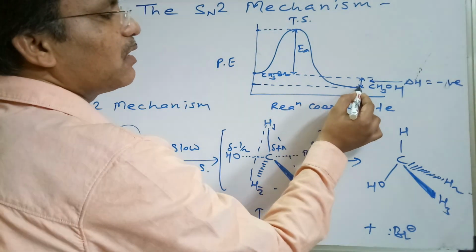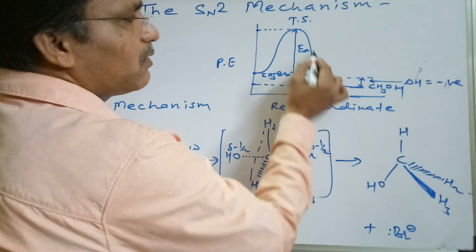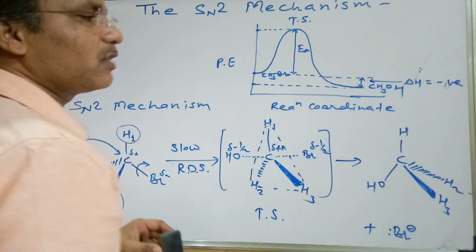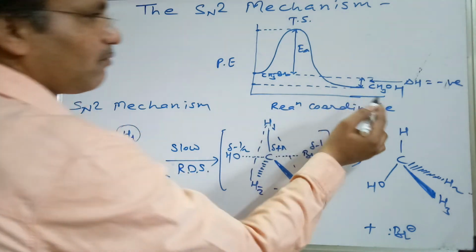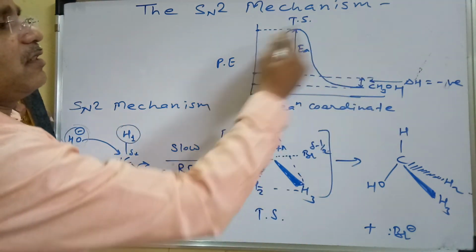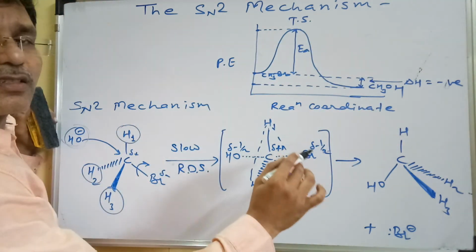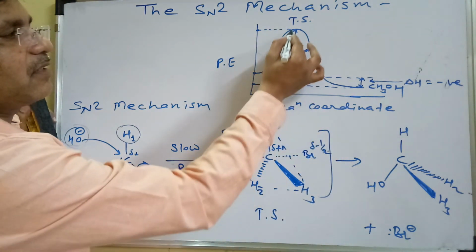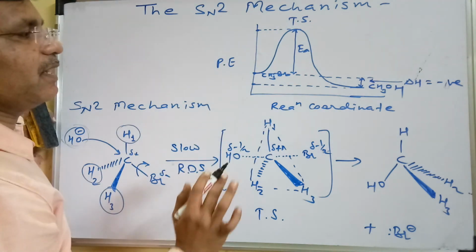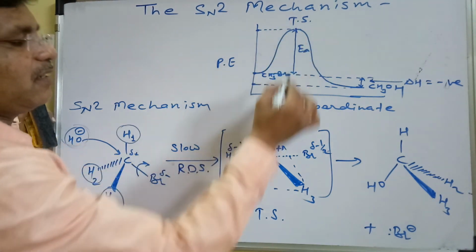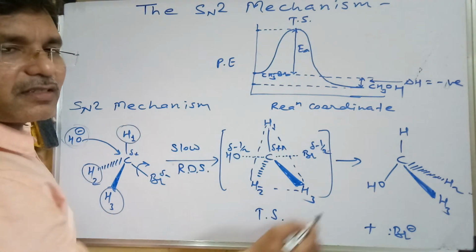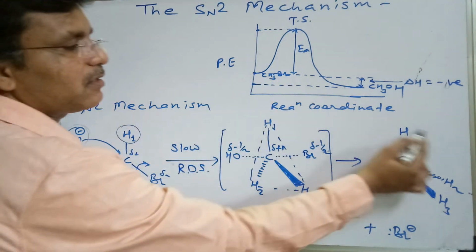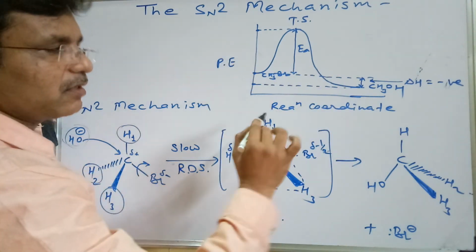If the product point comes above, then it may be an endothermic reaction. This is a one-step reaction, and that's why there is only one transition state. It is a single-step reaction, so only one transition state is obtained.